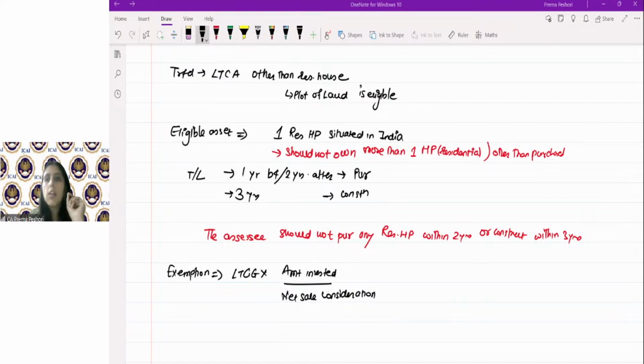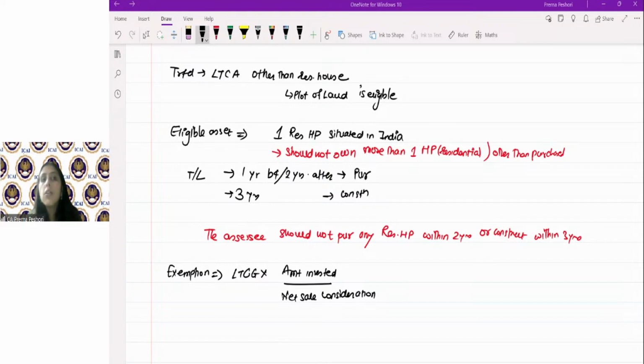Okay, so here your transferred asset should be any asset other than the residential house property. The condition here is that you have to purchase one house property. You should not own more than one residential house other than the new asset on the date of transfer of the original asset. You should not purchase any residential house within a period of 1 year after the date of transfer, or construct any residential house within a period of 3 years.